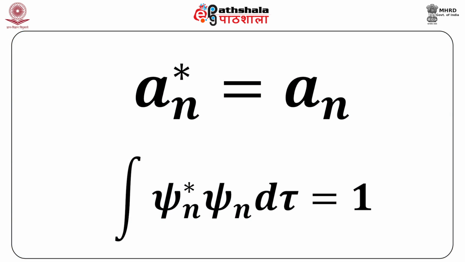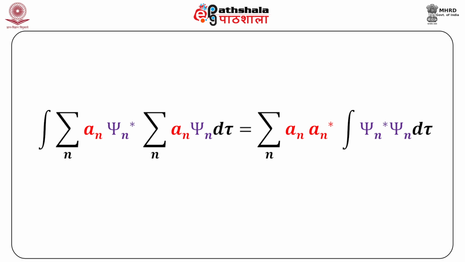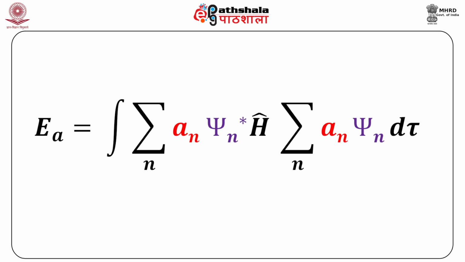And if we consider all variational coefficients to be real and assume psi n to be normalized, that means the integral of psi n star psi n d tau is equal to 1, then one can expand the above equation as you can see here, and one gets the approximate energy EA as integral summation an psi n star h cap summation an psi n d tau.